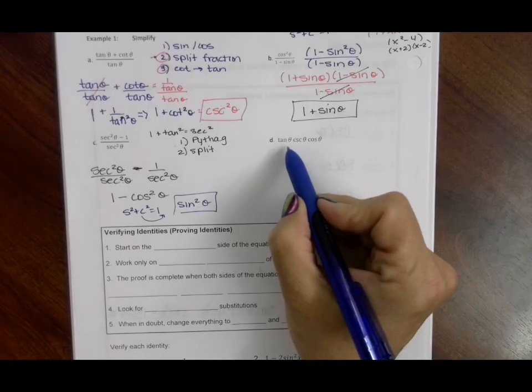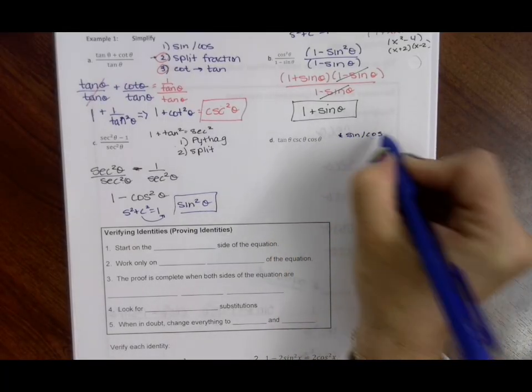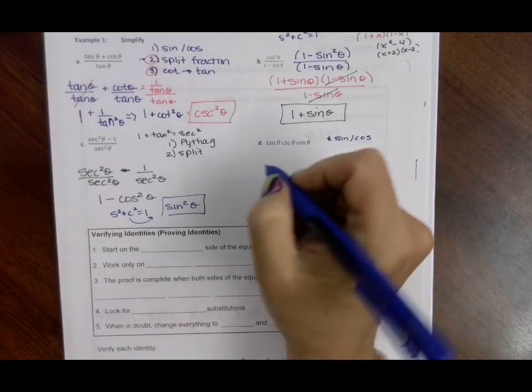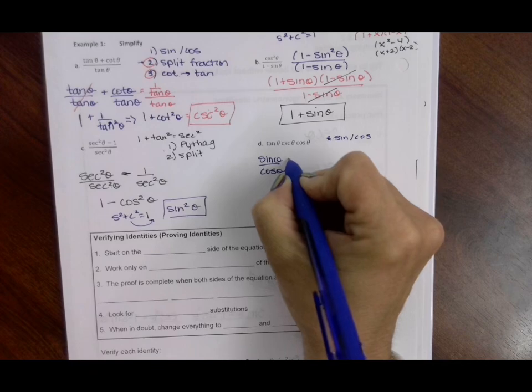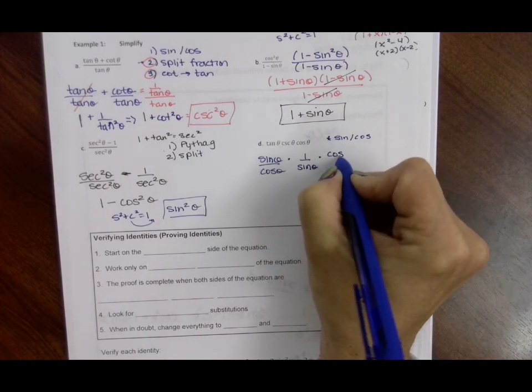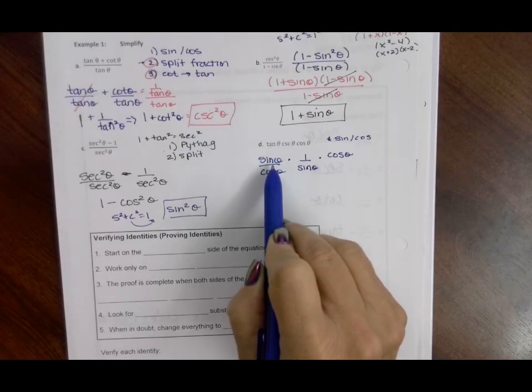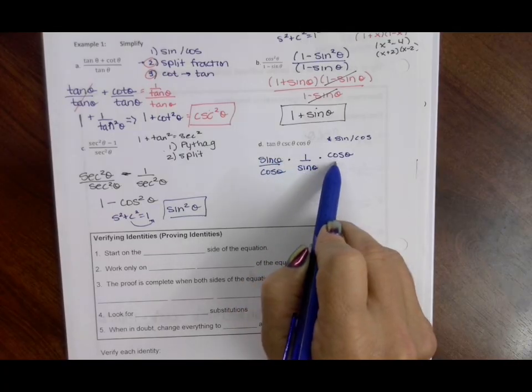Okay, last one. I've got lots of things going on here, so I'm going to use the strategy of convert everything to sine and cosine. So what I have is sine theta over cosine theta times 1 over sine theta times cosine theta, right? So tangent, cosecant is 1 over sine, this is cosine.